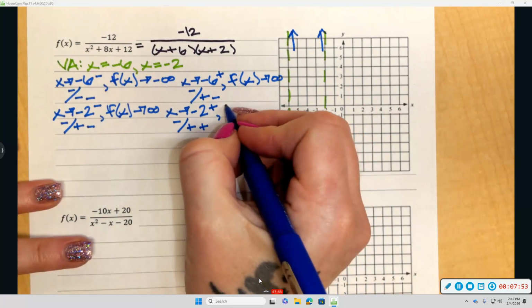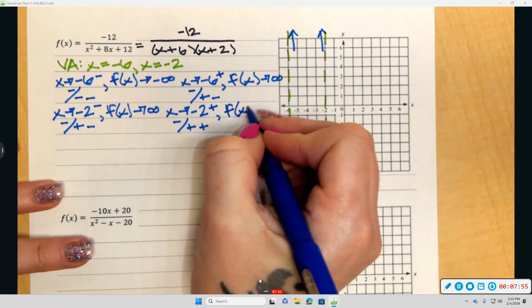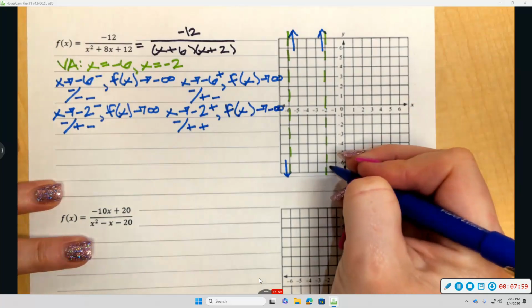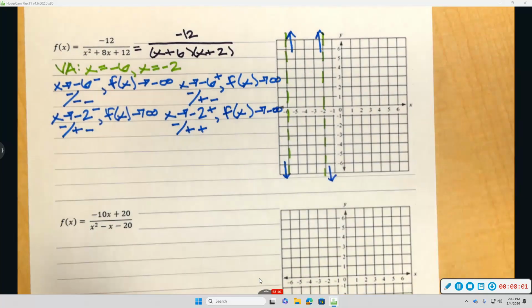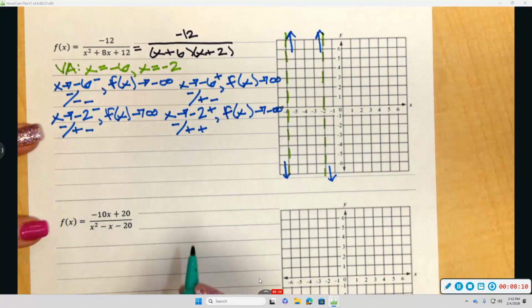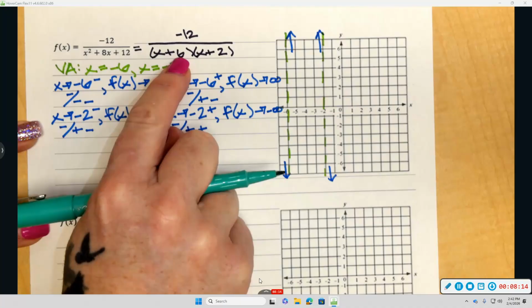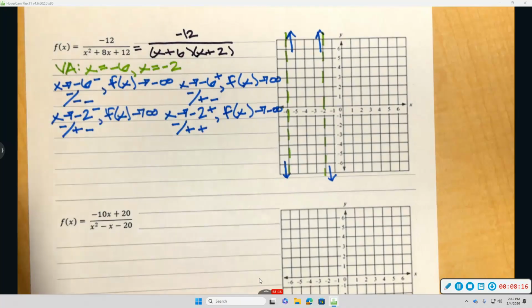So now I'm negative over positive, and my function is approaching negative infinity. So I can see what's happening here. Next, we would want to talk about the horizontal asymptote, and this is bigger on bottom, so y equals 0.